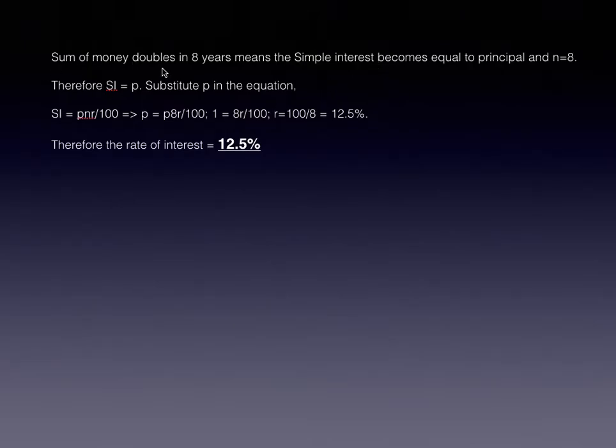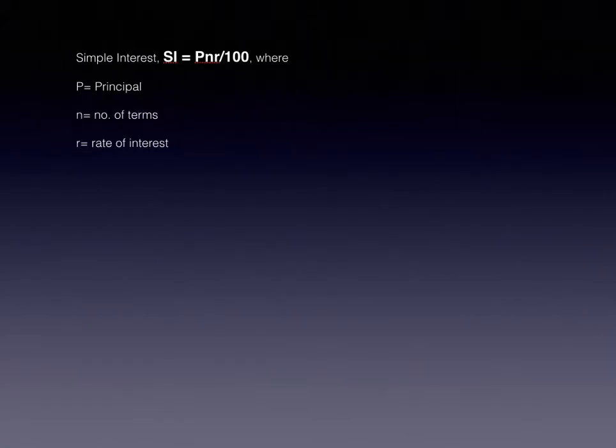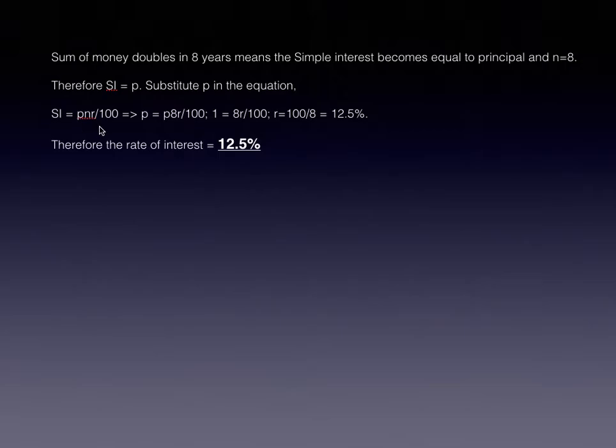Therefore, sum of money doubles in 8 years means the simple interest becomes equal to principal in 8 years. Therefore, we can substitute P for SI in this formula. SI is equal to PNR by 100, which means P is equal to P into 8 into R by 100.